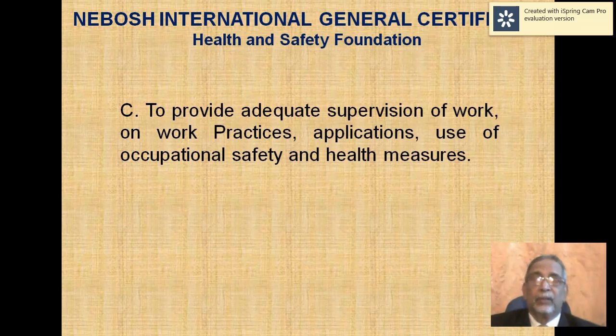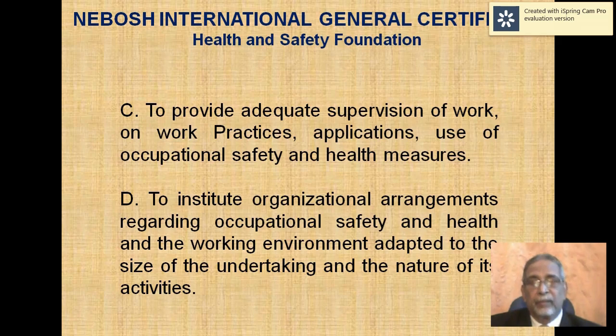C. To provide adequate supervision of work, work practices, and application and use of occupational safety and health measures. D. To institute organizational arrangements regarding occupational safety and health and the working environment, adapted to the size of the undertaking and the nature of its activities.